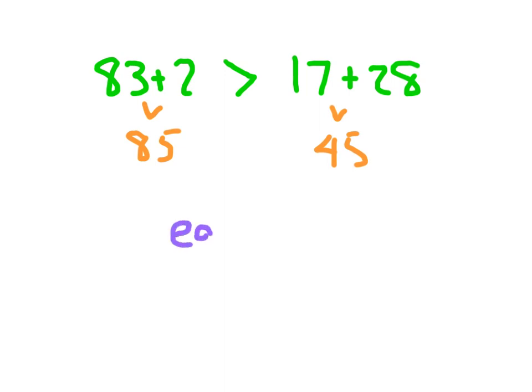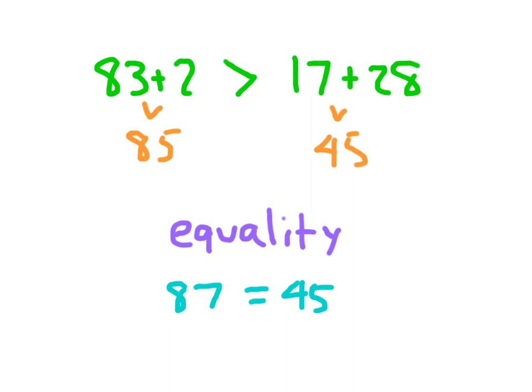The other one is an equality, where we must have a what with an equality? We must have an equal sign. So read that number sentence for us. 87 is equal to 45 plus 43. That there is an equality.